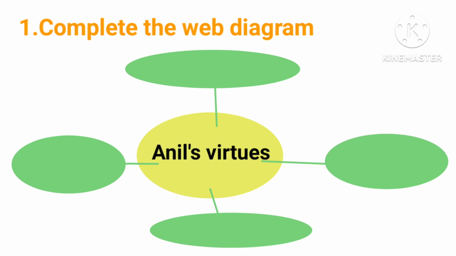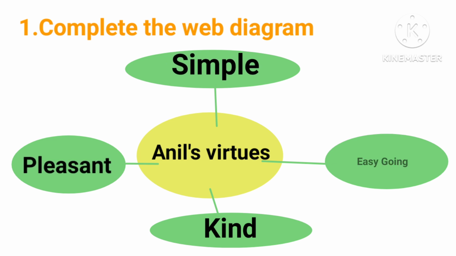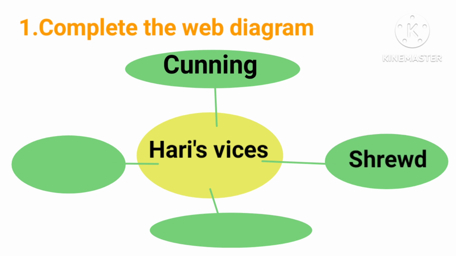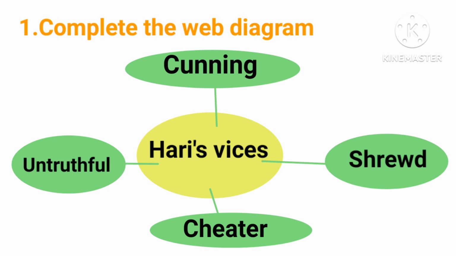Anil's virtues are kind, pleasant, simple, easygoing. In the second web diagram, Hari's vices are cunning, shrewd, cheater, untruthful.